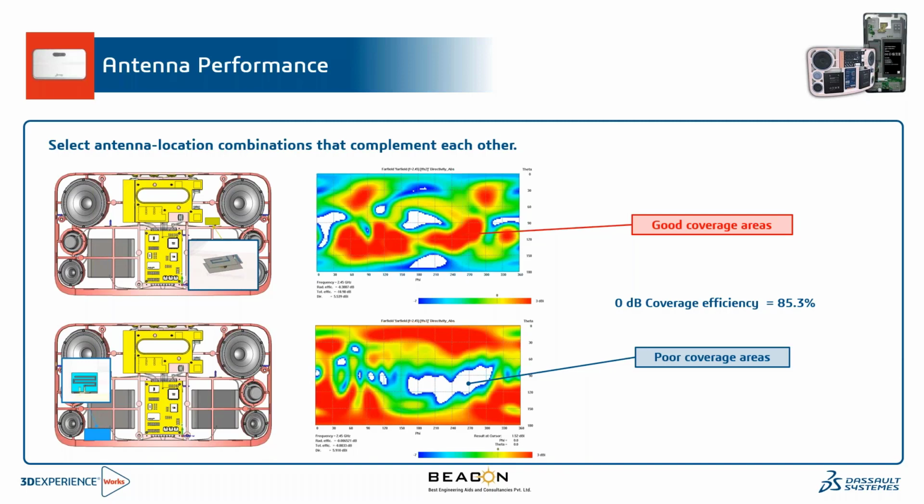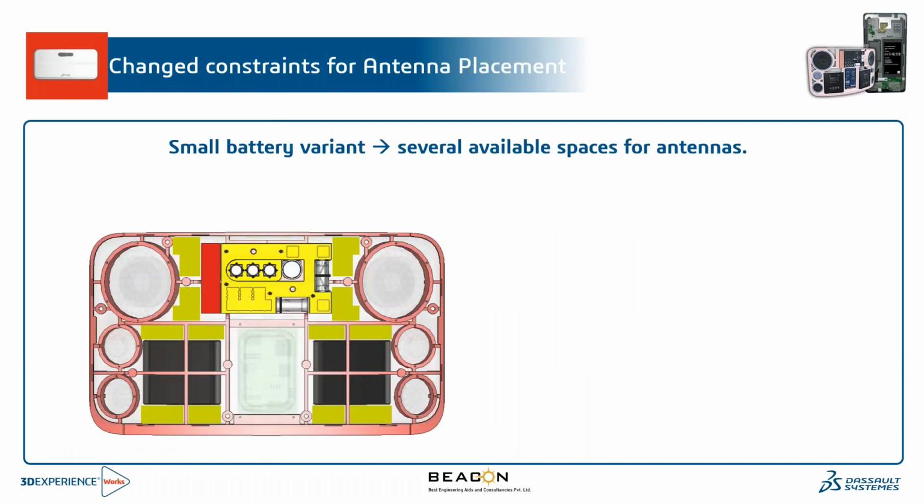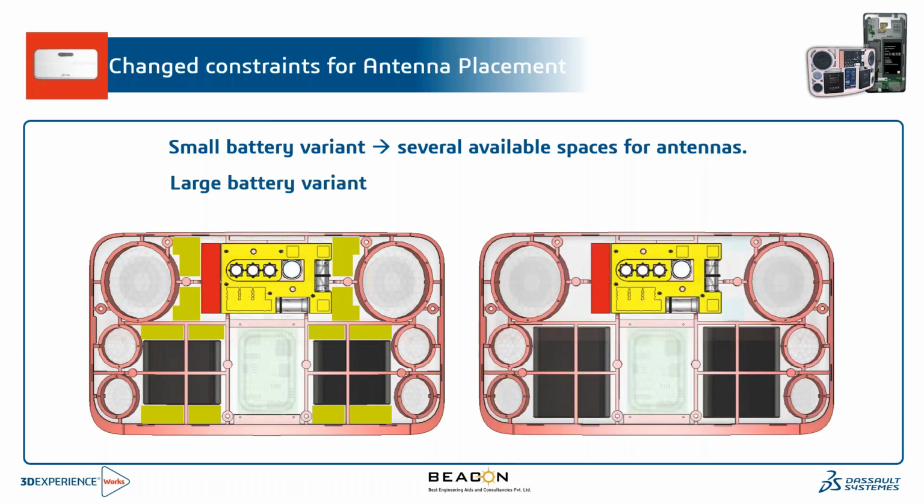In those cases, we will have to rethink, retune or redesign the antennas. Even here, with the small battery variant, if our design team comes up with a new frame, we will have to do several other space checks and replace or redesign the antenna, which is best suited or best fits into the allocated position.